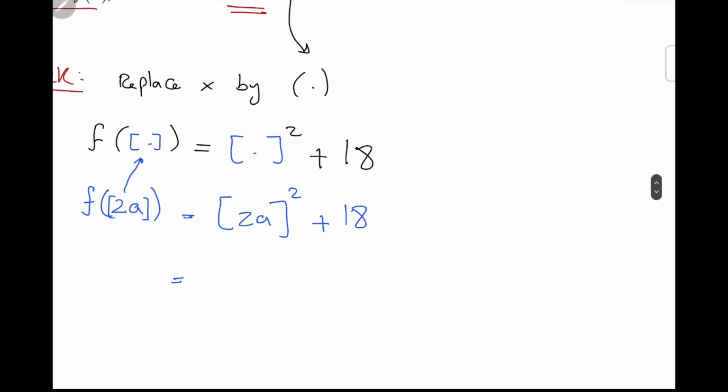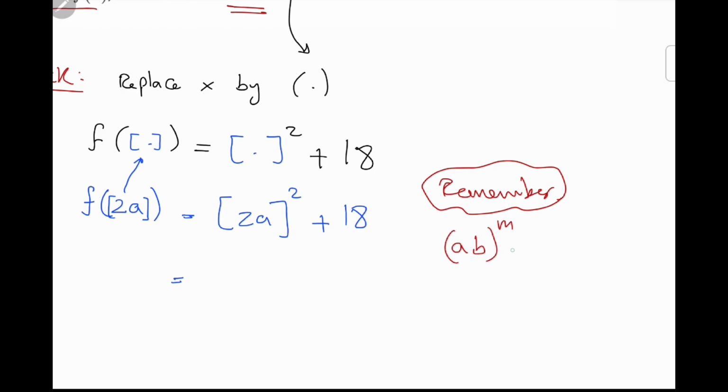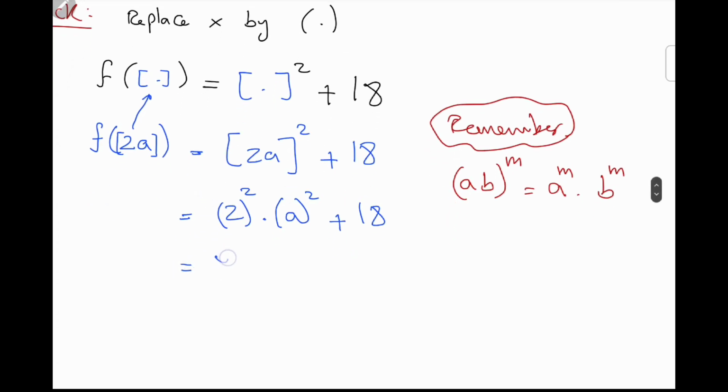There is a rule, remember, one of the power properties: a times b all to the power of m, you can distribute as a to the m times b to the m. So here we have 2 squared times a squared plus 18, and the answer will be 4a squared plus 18.